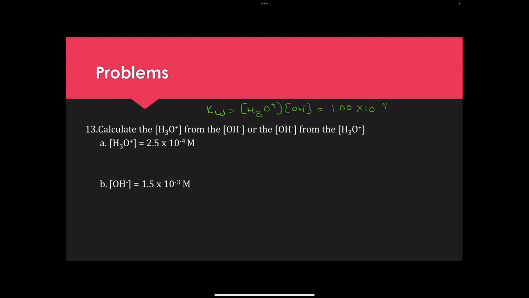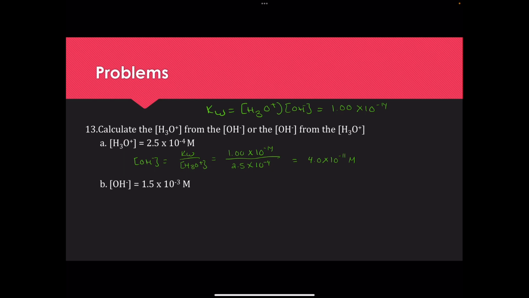Rearranging, if I'm looking for hydroxide, hydroxide is going to equal Kw over hydronium. So 1 times 10 to the negative 14th divided by 2.5 times 10 to the negative 4th, which will give me a hydroxide concentration of 4 times 10 to the negative 11th molar.